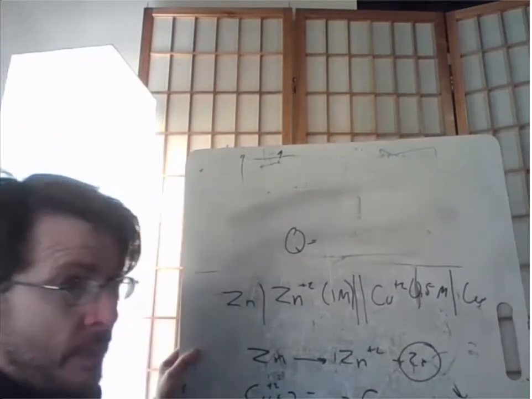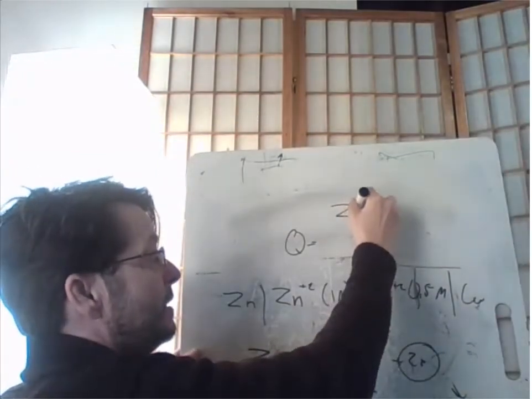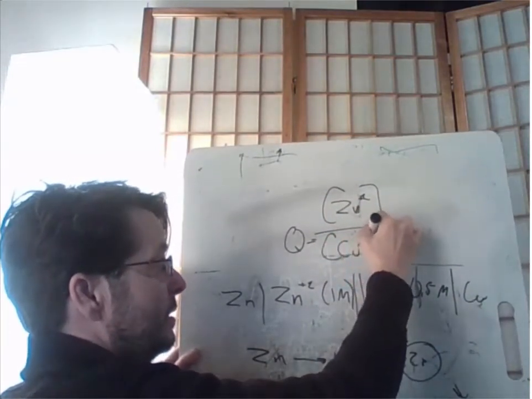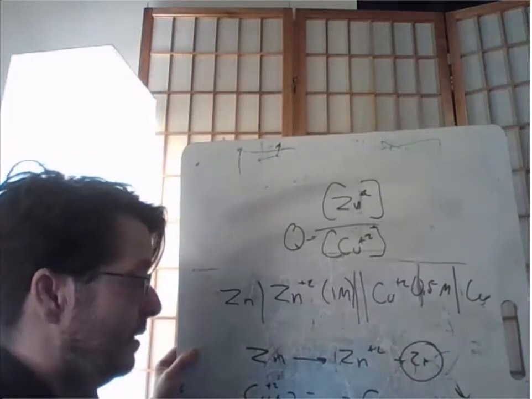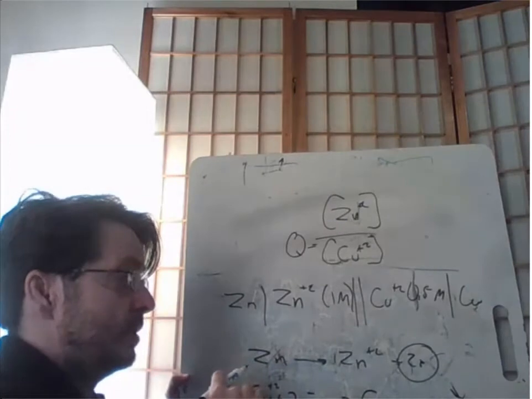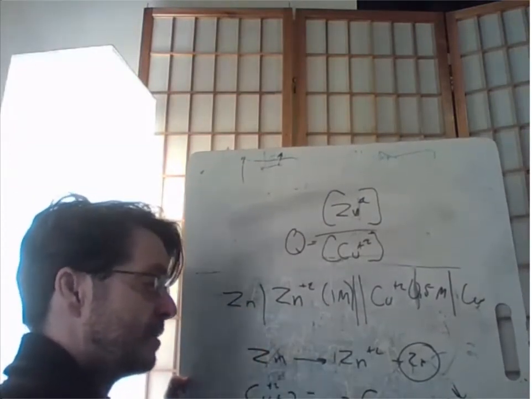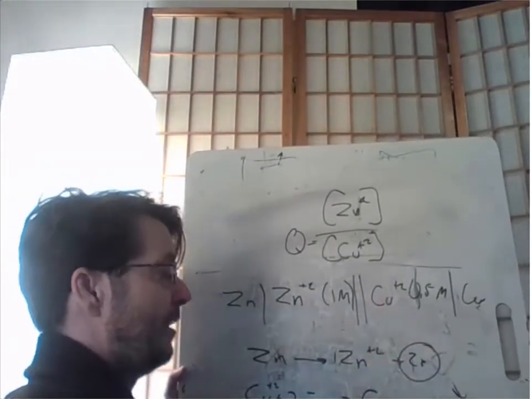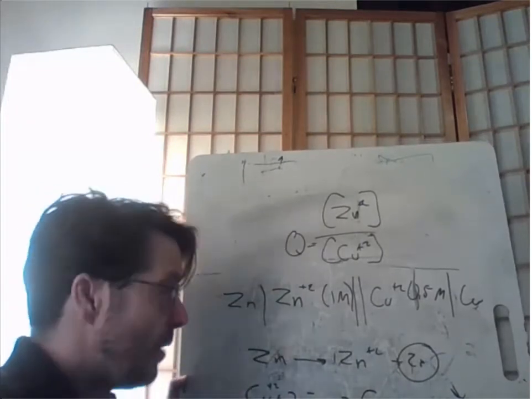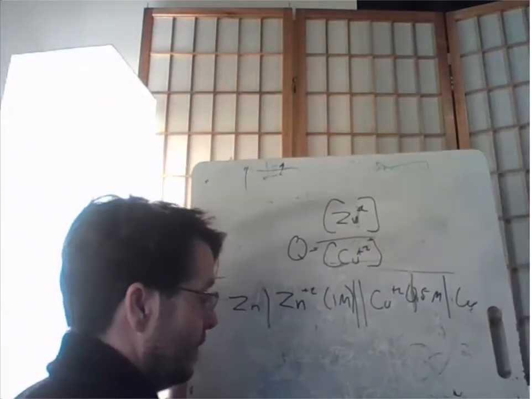Solids drop out, and so products over reactants in this case would be the zinc ion 2+ concentration over the copper ion 2+ concentration. Again, all this is implied in our line notation. So we have to figure out our line notation to get our half reactions. Anode, cathode, and the reactions are written as is. Now that we have all that, we can use the Nernst equation.